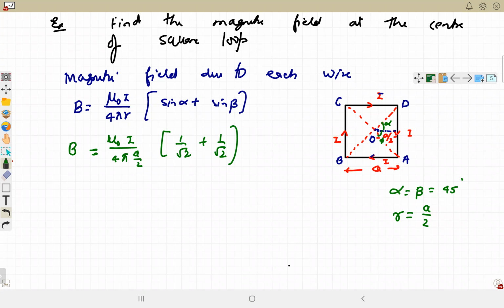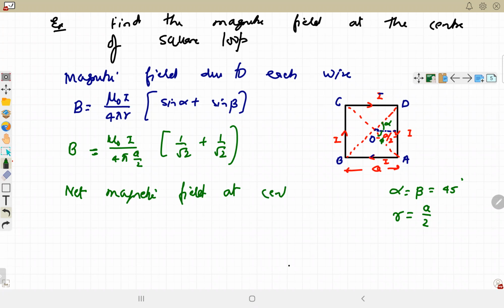This is for one wire. There are four such wires, so we will multiply by 4. It becomes the net, 2 root 2 mu naught I upon pi.